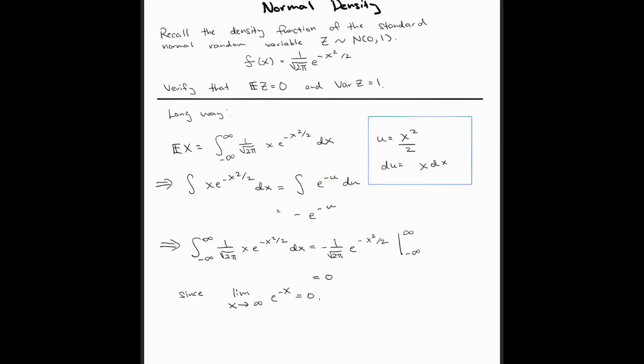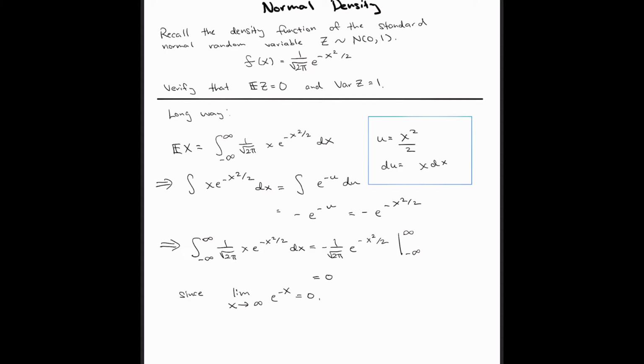The x dx part just becomes du, and this just becomes e to the minus u. And this integral is easy, it's just minus e to the minus u. And we want to substitute back what u is. This is minus e to the minus x squared over 2.